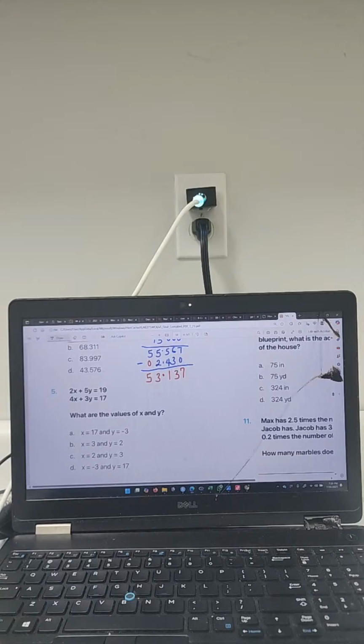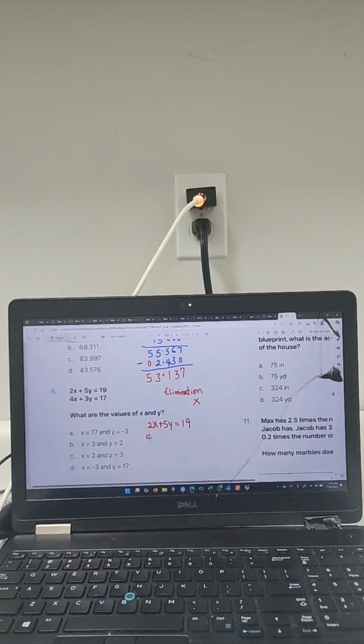Now, here I'm going to use a method we call elimination method. Elimination. So what we want to do, we want to eliminate x. How do you eliminate x? So the first thing we do, let me just rewrite the question. It says 2x plus 5y equals to 19.